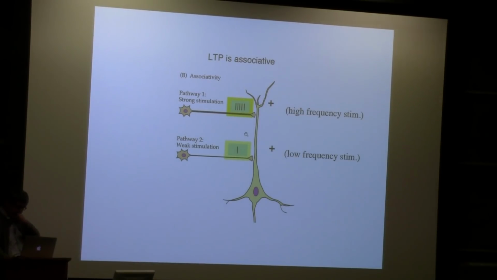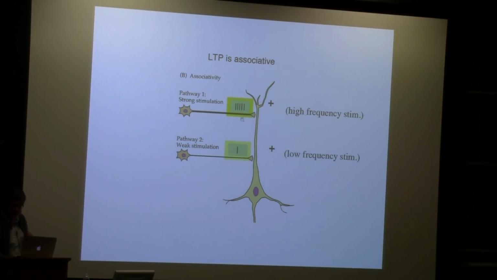And this is associative, and it's basically very beautiful because it's a synaptic model of Pavlovian conditioning. It captured the essence of Pavlovian learning. Because you can remember in the Pavlovian experiment, you take the dog and you show them the unconditioned stimulus, which was the steak, and the dog salivates, and then you associate the steak with the bell, which normally nothing happens, but if you associate them, then the dog will salivate with the bell.